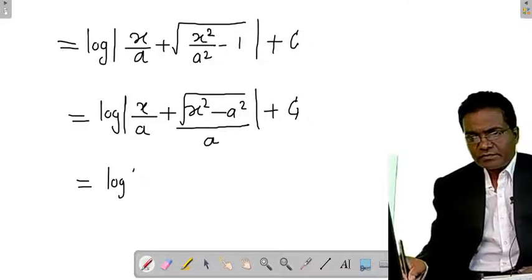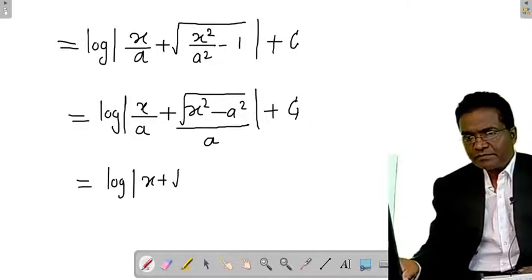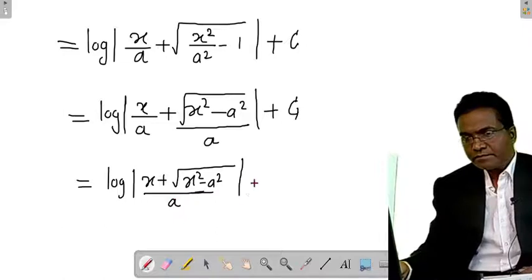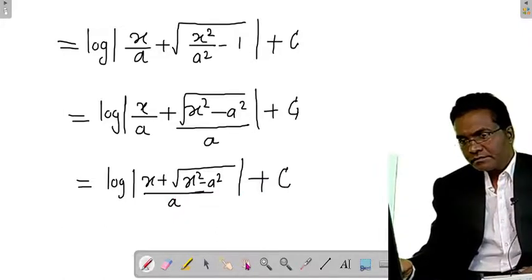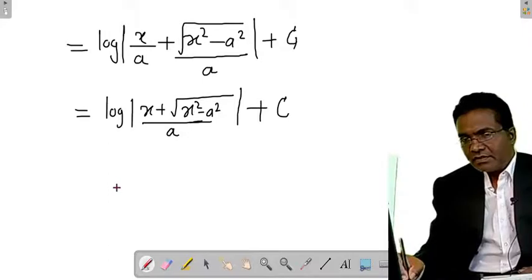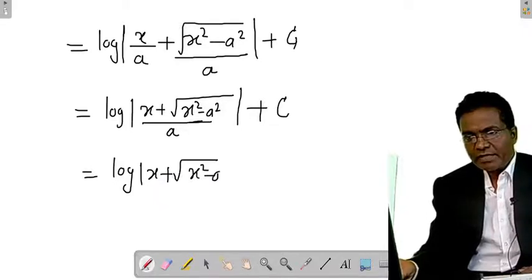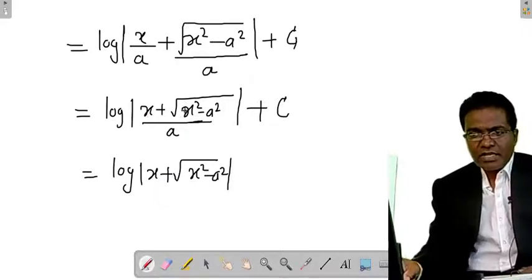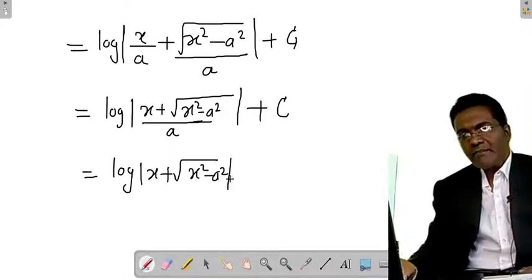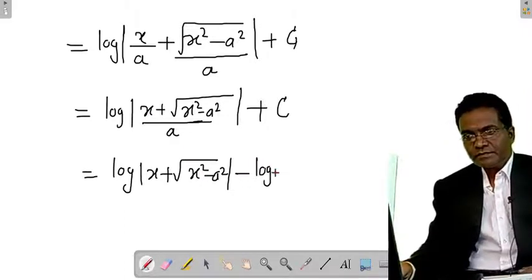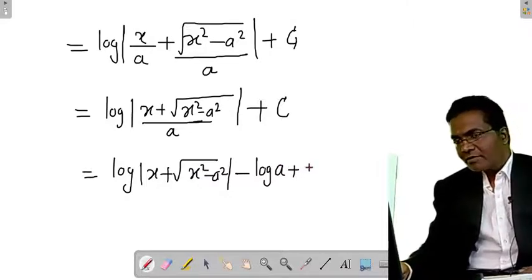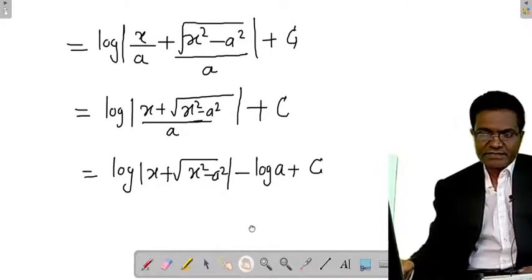So it is log of x plus square root of x square minus a square whole divided by a. A is the common denominator. Which is equal to, I can write it in a simpler form, log of x plus square root of x square minus a square, minus log a, because it is of the form log m by n, which means log m minus log n. So I can write it as log of the numerator minus log a plus c.